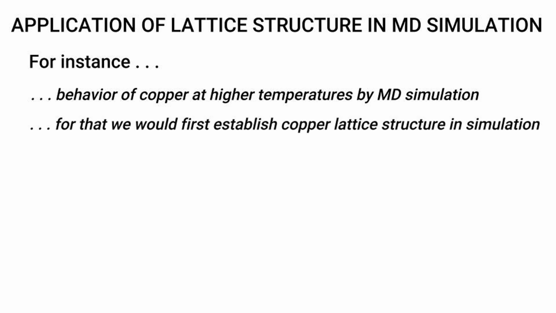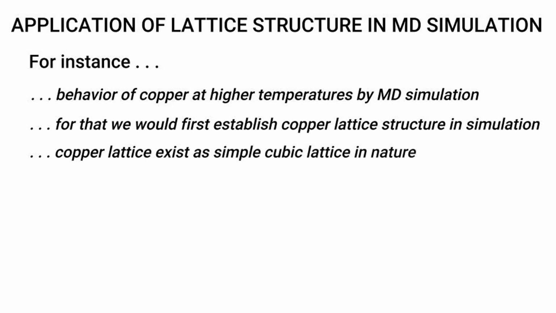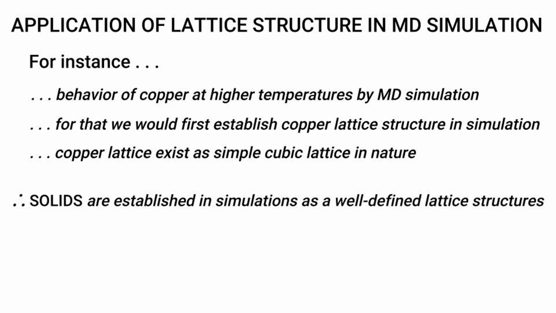My first step will be to provide an initial position to all atoms. As copper is a solid, I can assign these positions by establishing a simple cubic lattice. Therefore, in the case of solids, the initial position of atoms can be assigned by establishing their respective lattice structure in the simulation.